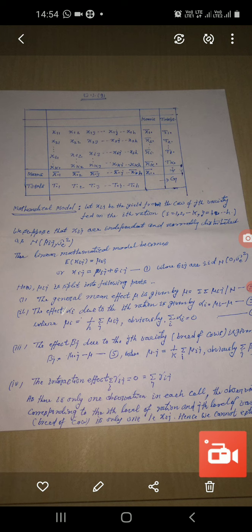As there is only one observation in each cell, the observation corresponding to the ith level of ration and jth level of variety, that is breed of cow, is only one, that means xij, and hence we cannot estimate it by one value alone.